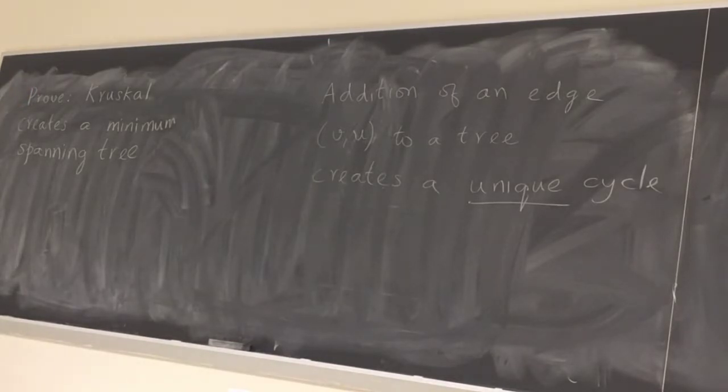So after creating the cycle, if you break any of the edges of the cycle, you still will have a connected graph, and you also have n-1 edges. So it's pretty clear that breaking a cycle will get you back to a tree. It doesn't matter which edge.